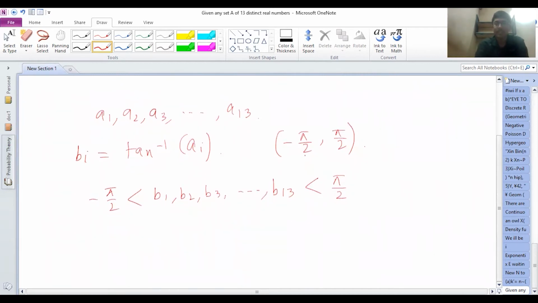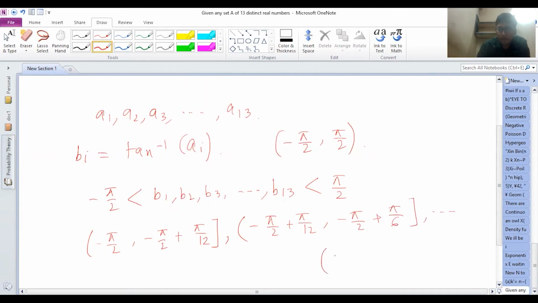Now we divide this interval into 12 parts. Minus pi by 2 to minus pi by 2 plus pi by 12, minus pi by 2 plus pi by 12 to minus pi by 2 plus pi by 6, and so on, up till pi by 2 minus pi by 12 to pi by 2.